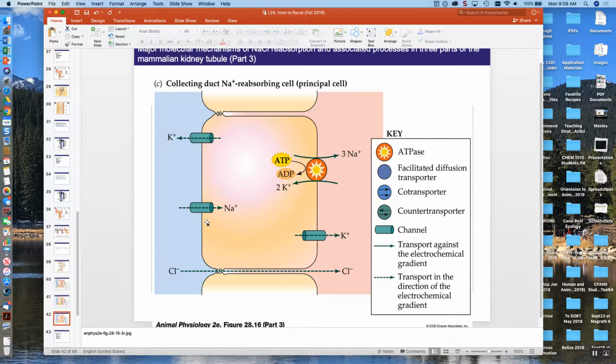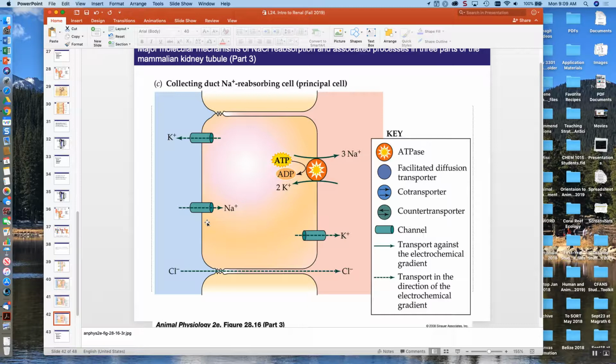And this is actually regulated by a hormone called aldosterone. If aldosterone is present in the blood, then the expression of ENaC channels goes way up. If aldosterone is inhibited, then ENaC channel expression goes down. So aldosterone is a hormone that regulates this channel.